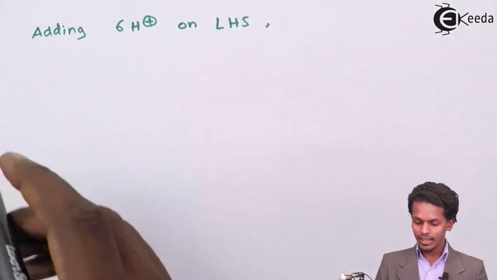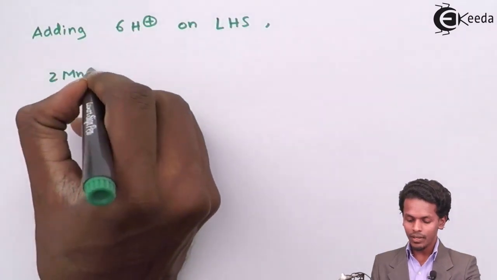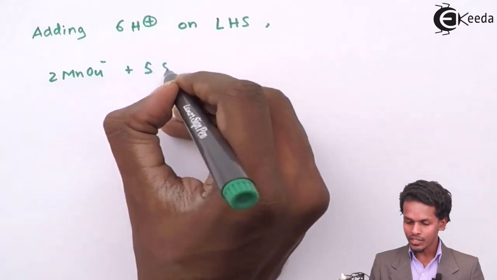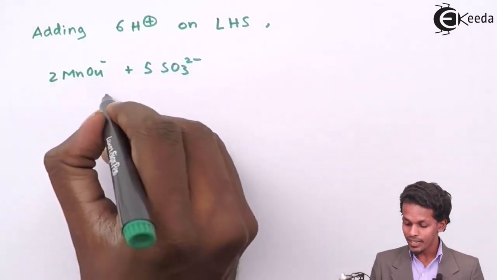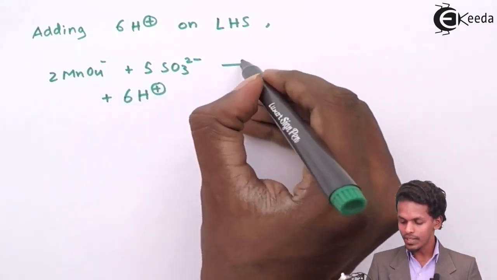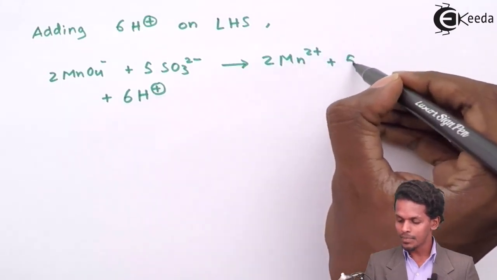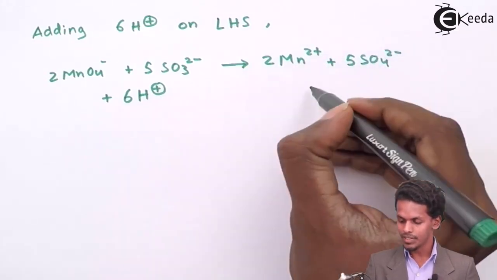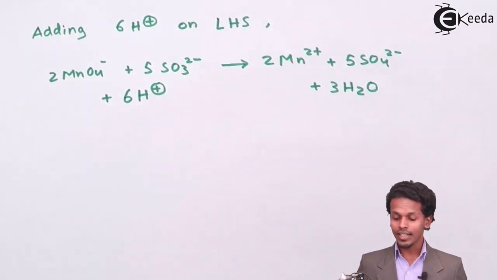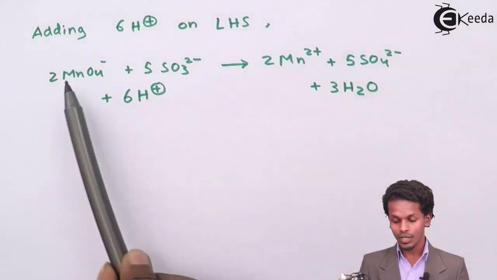So the overall reaction that we have got is 2 times MnO4 minus plus 5 times SO3 2 minus plus 6 times H plus, that should give us 2 times Mn2 plus 5 times SO4 2 minus plus 3 times H2O. Now this reaction is balanced with manganese, that is 2 times manganese.